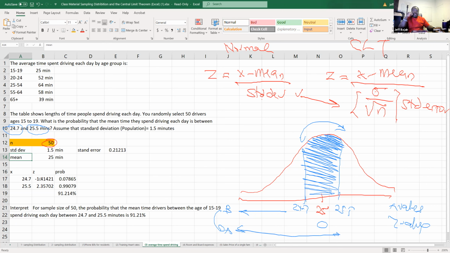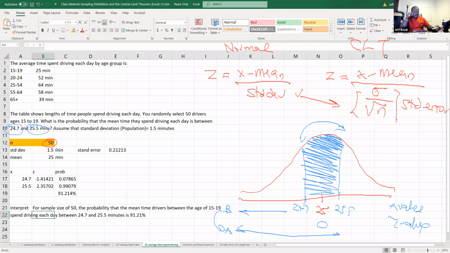And so the Z value is slightly different, right? Other than that, everything else falls in place as it was in normal distribution. And that's why in the interpretation we make sure that we say that it's a size of 50. So anyone who sees this knows that this is not a normal distribution, this is CLT.